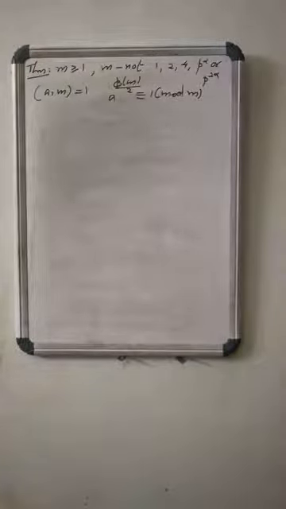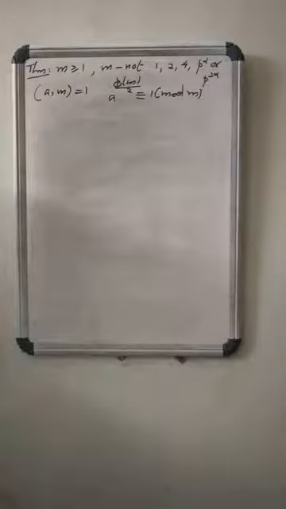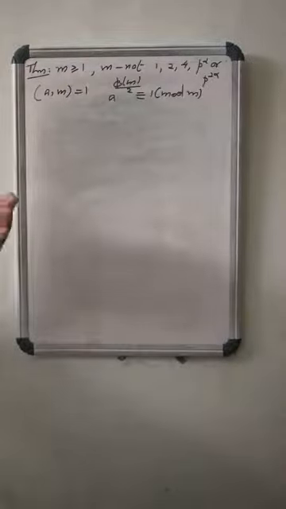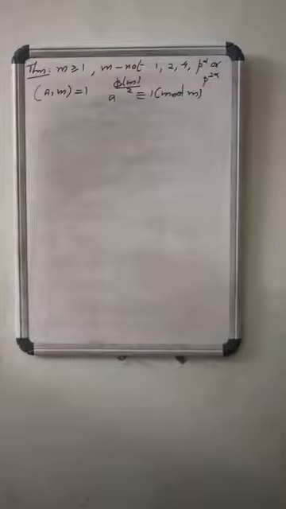Let me discuss. We have already shown that there is no primitive root mod 2 power alpha if alpha is greater than or equal to 3. That is the theorem already proved.